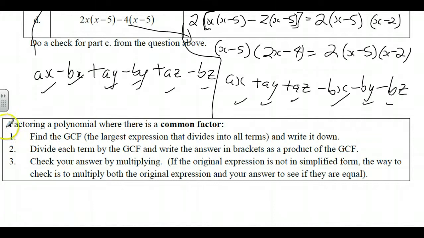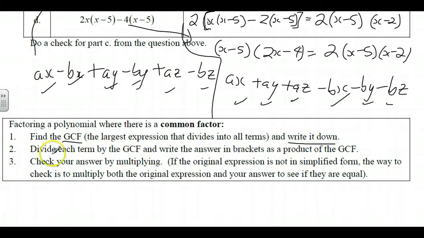Okay, factoring a polynomial where there is a common factor. Step 1, find the greatest common factor. That is the largest expression that divides into all terms, right? So the biggest number that goes into every number, and if a variable is common, the smallest power of that variable that's in any of the terms. And then write it down.